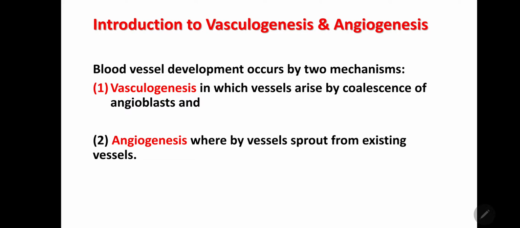To begin with, blood vessel development occurs by two mechanisms, namely vasculogenesis and angiogenesis. Vasculogenesis is a process where the vessel originates from the coalescence of existing angioblasts, whereas angiogenesis is a process by which a new vessel sprouts from an existing vessel.